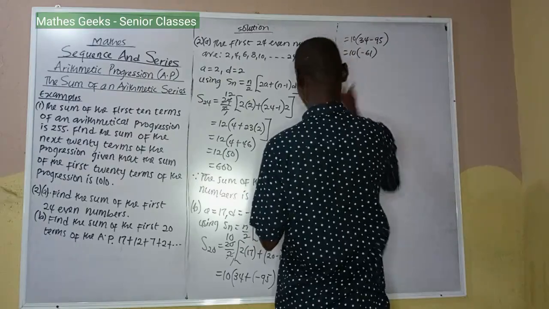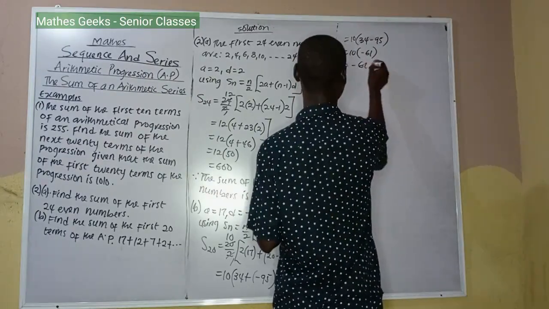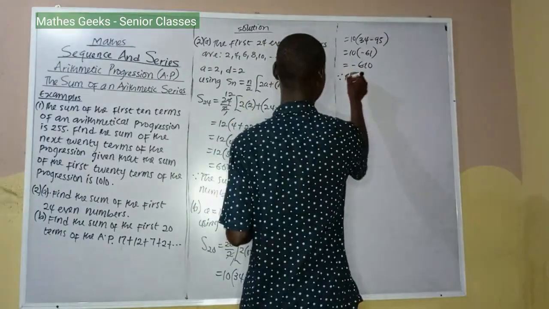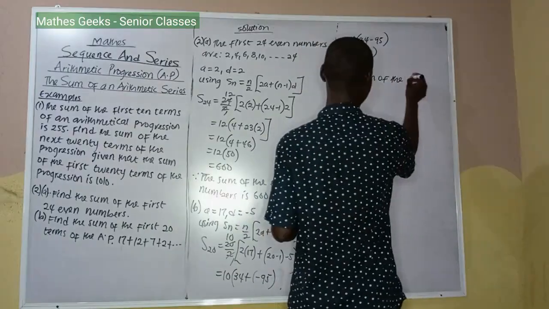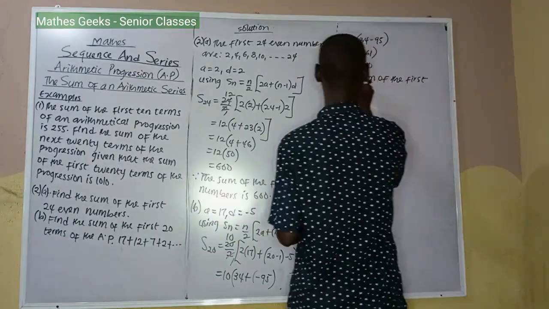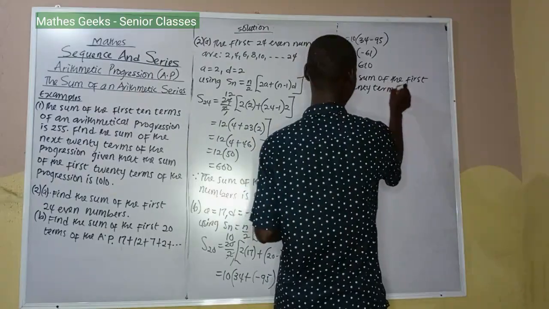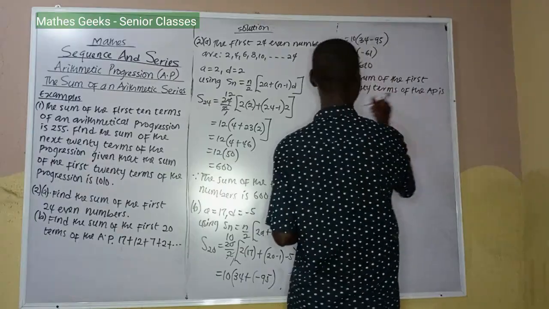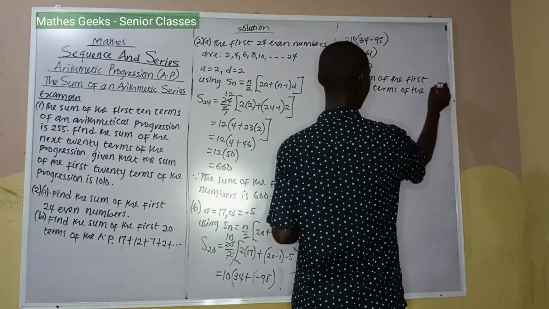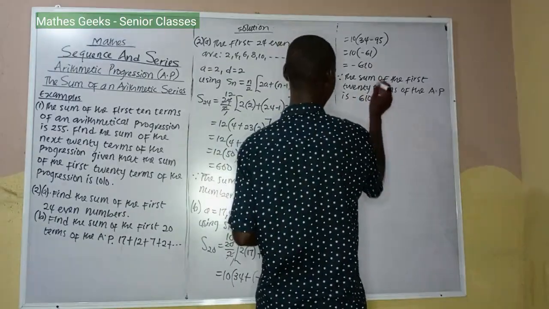So 10 times minus 61 is minus 610. Therefore, the sum of the first 20 terms of the AP is minus 610.